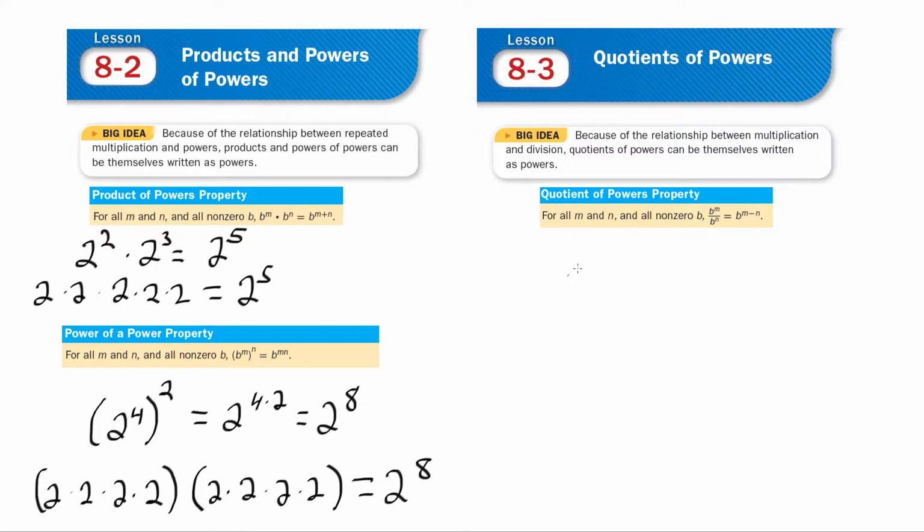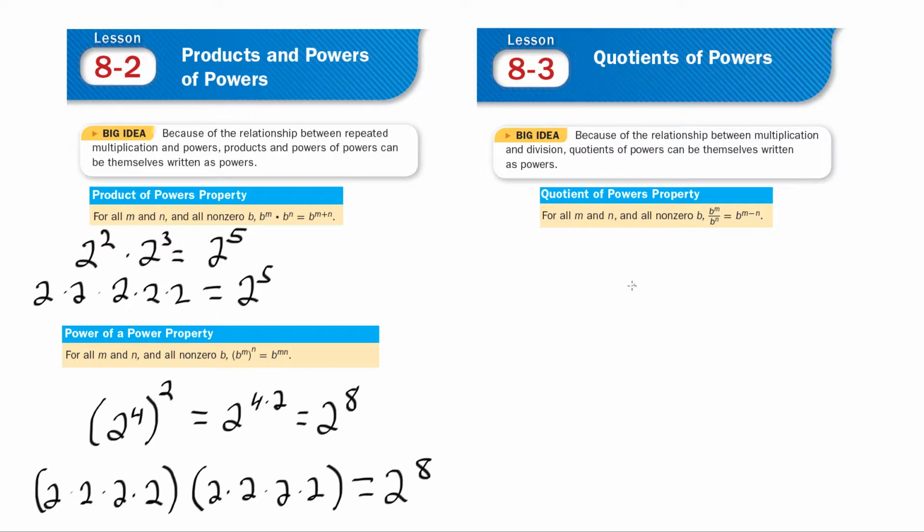This tells us that if I have two powers with the same base, and I divide one by the other, then the exponent in the numerator goes first, and I subtract from that the exponent of the denominator.